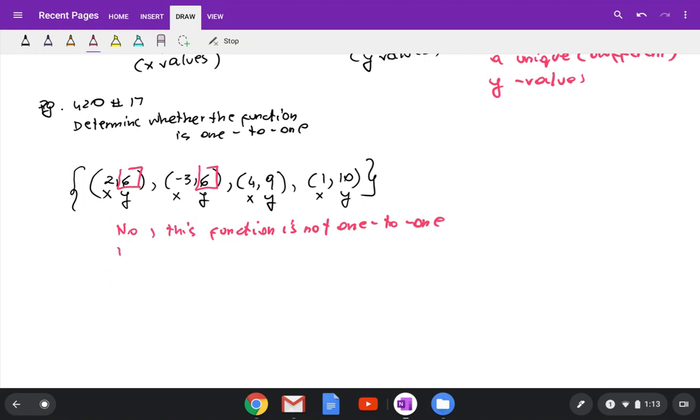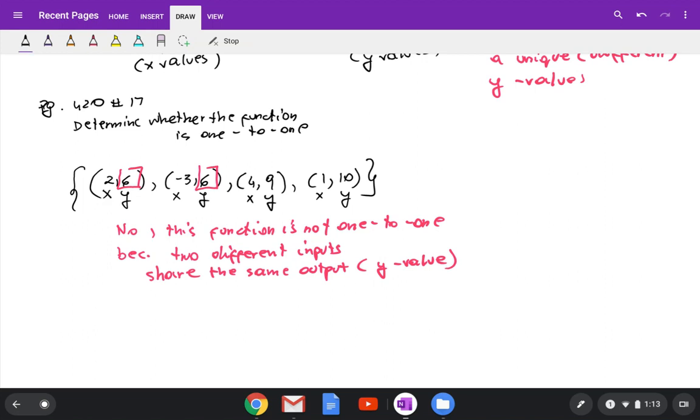Okay, no, again, because 2 different inputs share the same output, which is the y value. That can't happen. It's a function, but it's not one-to-one. It has to be one unique x matched with one unique y value. Okay, so that's what you're going to do for homework.